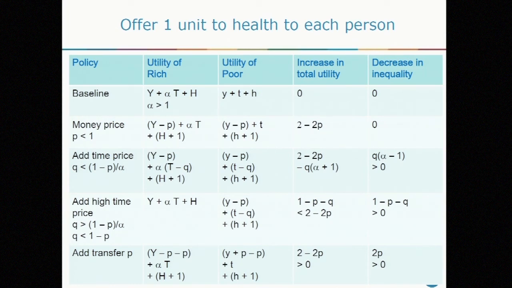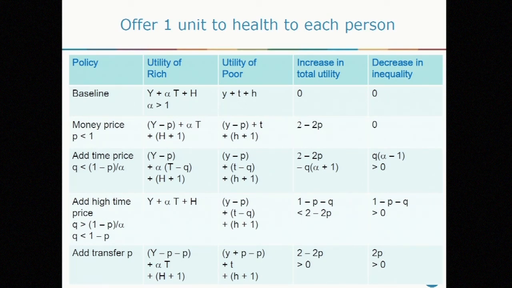The increase in total utility compared with the baseline is 2, because they each get 1 unit of health, minus 2P, because they each paid P to get this. And then, is there any change in inequality? No. Both people got a gain of 1 health unit, and they paid a cost of P dollars. So at least measuring in dollar terms, there's no change in inequality.